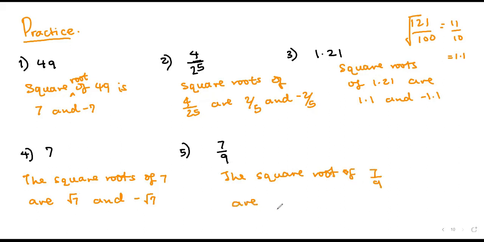What do we have? The square root of 7 out of 9 and negative square root of 7 out of 9.